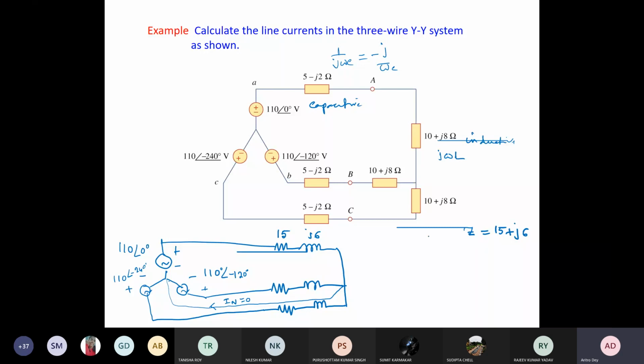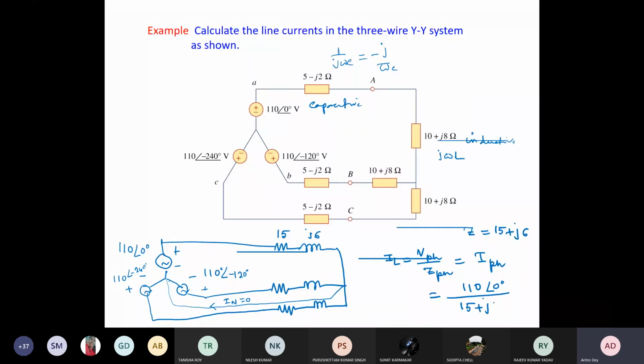So you can calculate your IL, which is V phase divided by Z phase, because IL is nothing but your I phase. So I phase is V phase, 110 angle 0, divided by 15 plus j6.